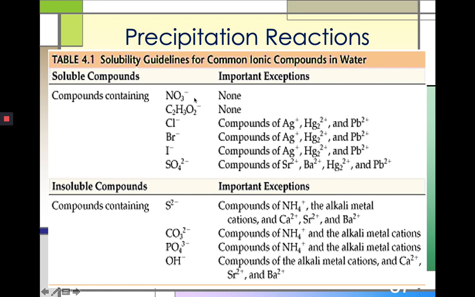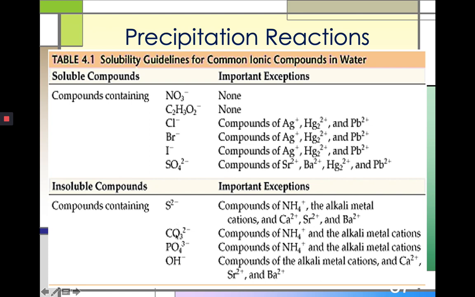What do form precipitates are the compounds containing the sulfide ions, the carbonates, the phosphates, and the hydroxide ions. Here you can see their important exceptions. For example, PbS is a combination of the lead ion Pb2 plus and the sulfide ion. PbS is an insoluble compound, meaning it can be a precipitate.